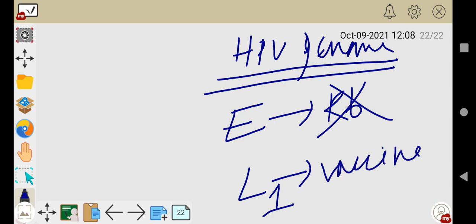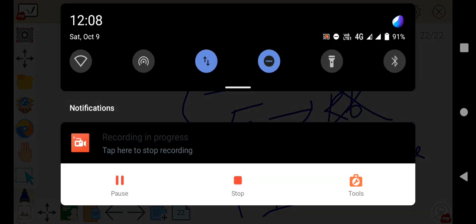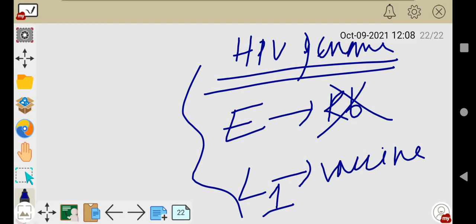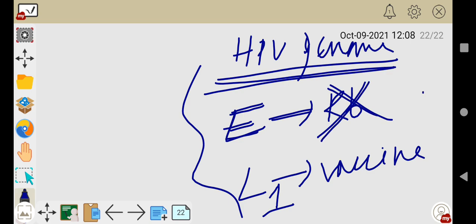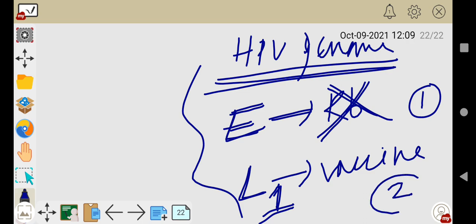This is enough. This is your recent update, okay. The E gene will knock down retinoblastoma. This has been asked once, and L1 gene for vaccine manufacture has been asked twice. Okay, these two things you remember.